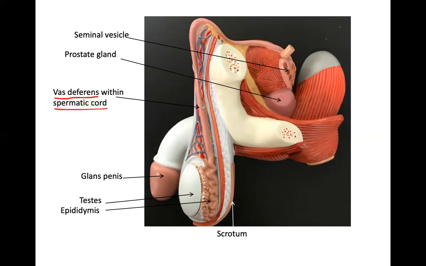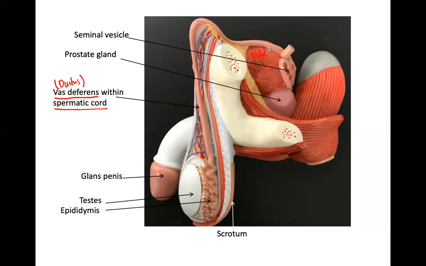So if I specifically ask for the name of the tube, your answer would be vas deferens or ductus deferens. Another name for it is ductus. And if I ask you what the structure with the blood vessels is, that would be called the spermatic cord.